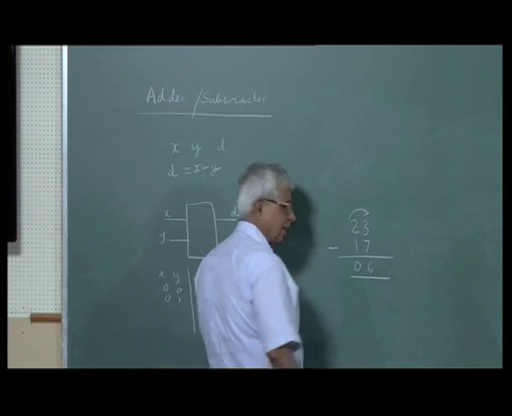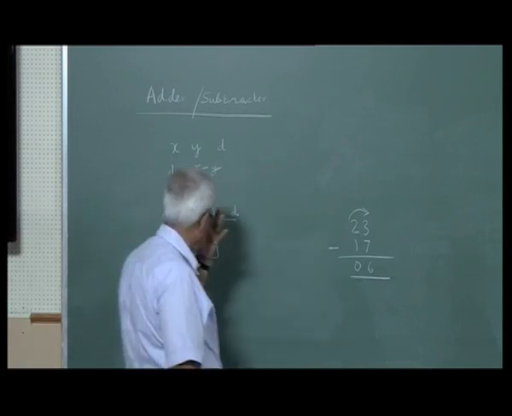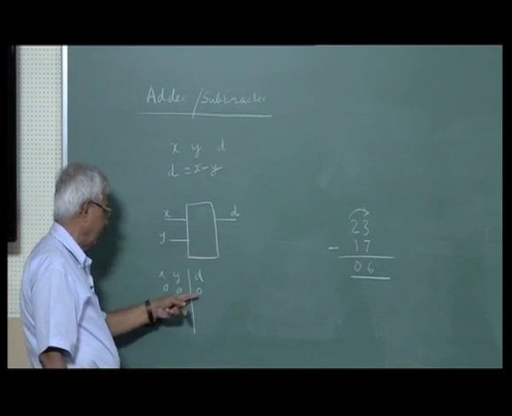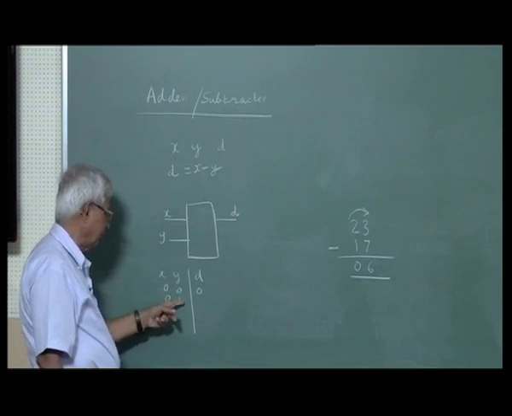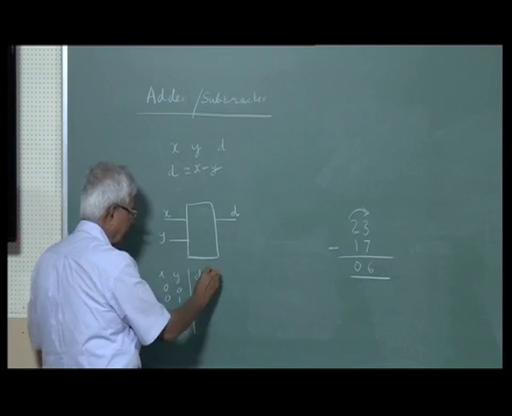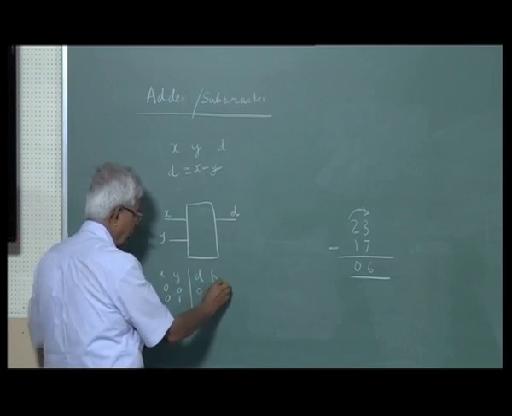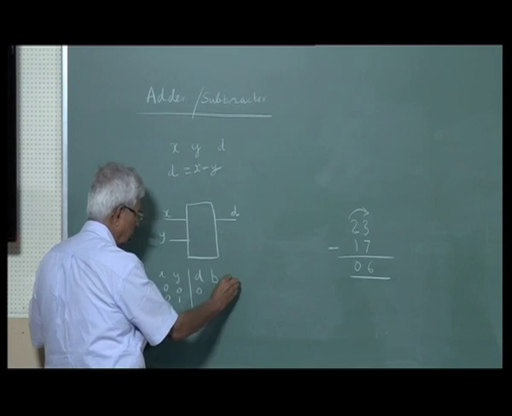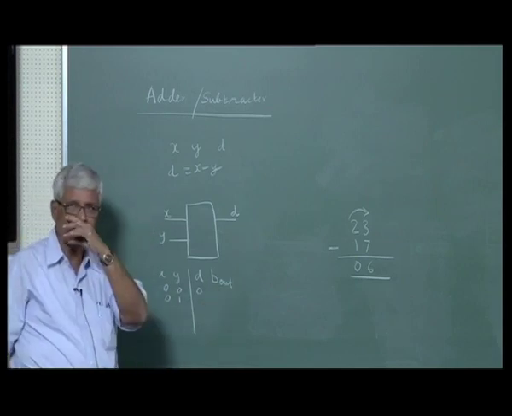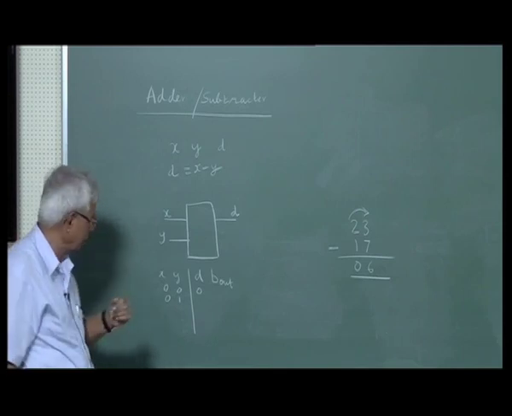Same concept here. I have to borrow from this position, so I need one more output called B out, borrow out. In addition, like you had carry in, carry out, we have borrow out here.